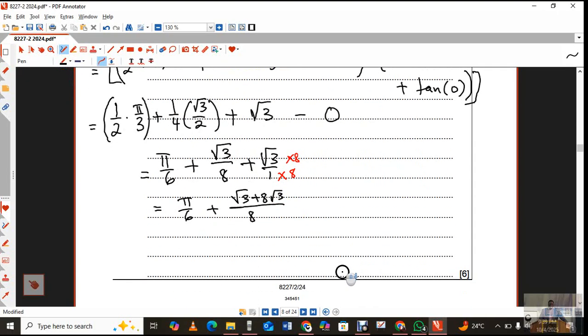Nearly there. Okay, just add those numerators. So it's pi over 6 plus root 3 plus 8. There's a 1 here. That is going to be 9 root 3 over 8. And I believe this is most probably what we were supposed to prove. But we'll see. We'll go get it and see if it is exactly the same.